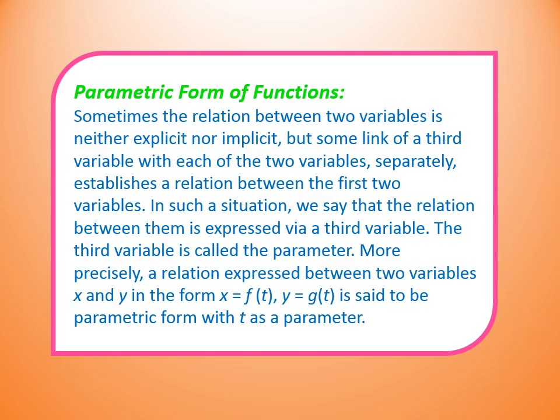It's very simple: if the variables x and y are expressed in terms of a third variable, suppose theta, then x and y are said to be in parametric form, and the common variable theta, t, whatever it is, is called the parameter. Clear?